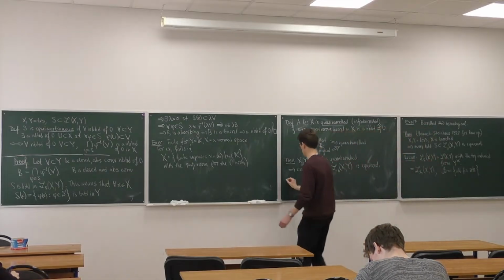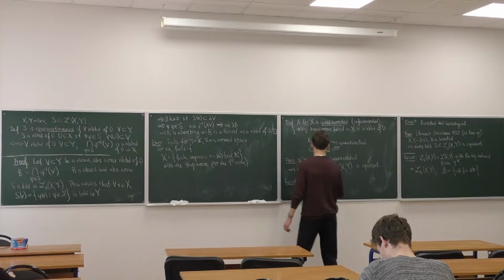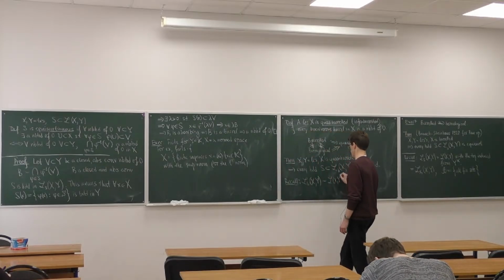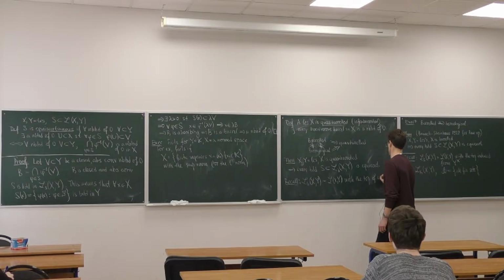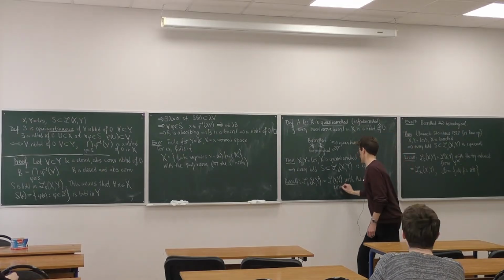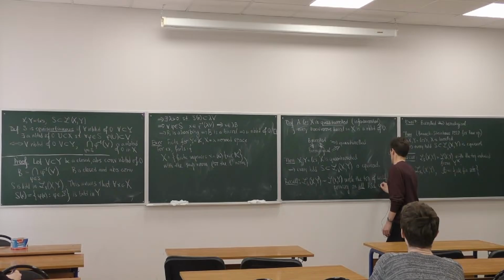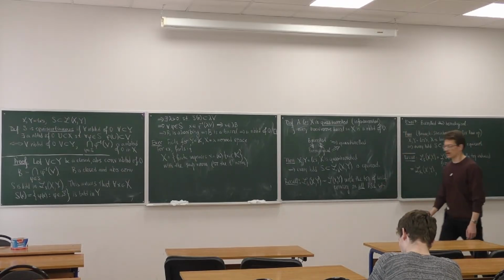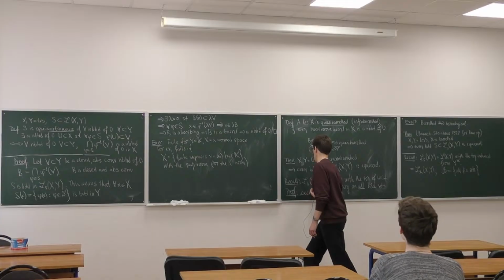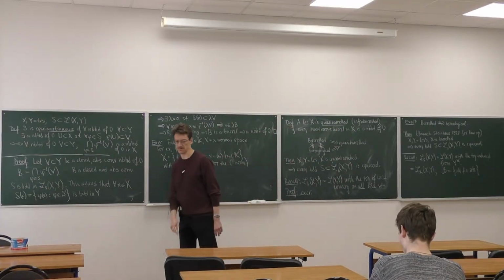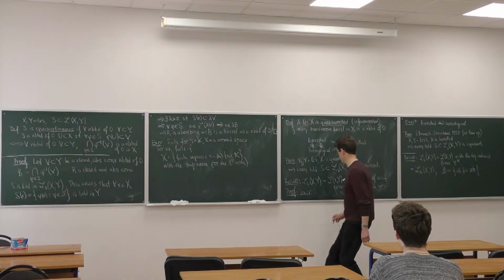Here, let's recall that L_B means that we consider L of X, Y with the topology of uniform convergence on all bounded sets. The proof is an exercise for you, because essentially this is a simple adaptation of the proof of the Banach-Steinhaus theorem to the setting of quasi-barreled spaces. So the idea of the proof is basically the same.